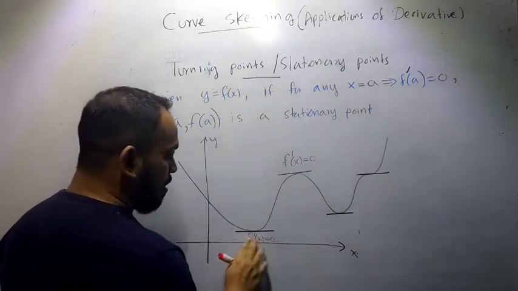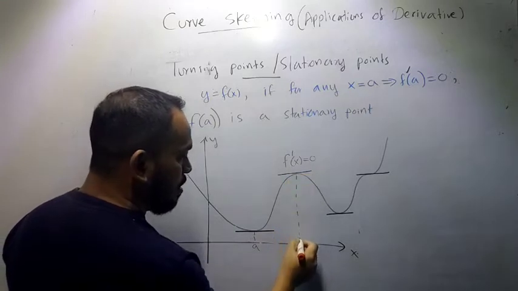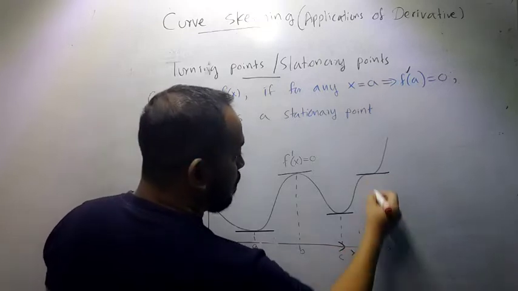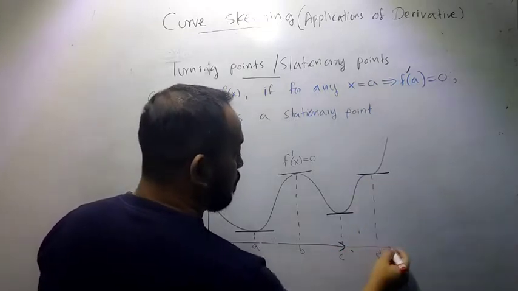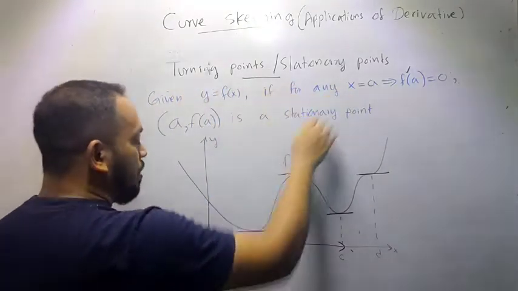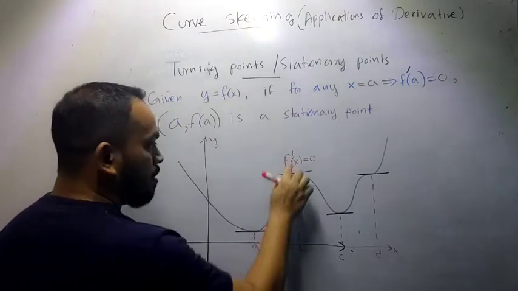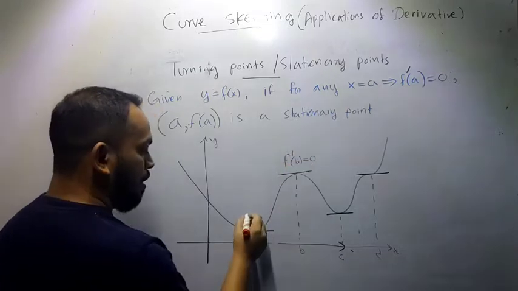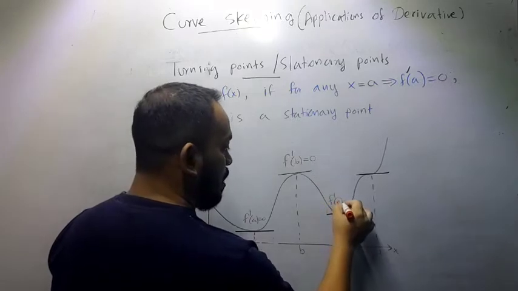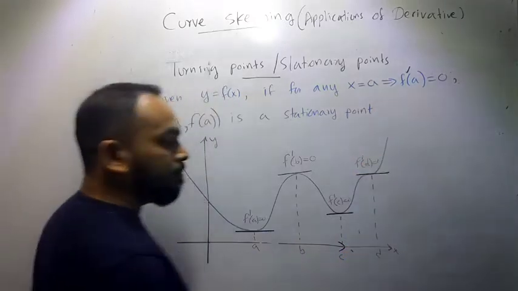So let's take these points. This is A, this is B, this is C, this is D. I haven't come to this just yet. At all these points, f dash of A is 0, f dash of B is 0, f dash of C is 0, f dash of D again 0.